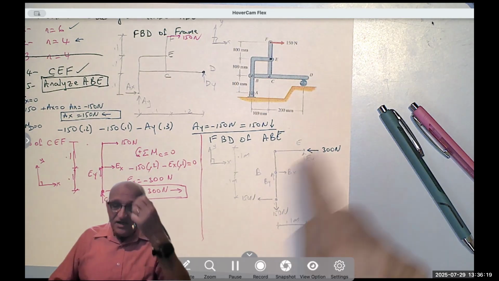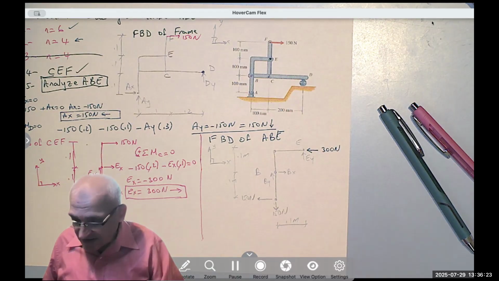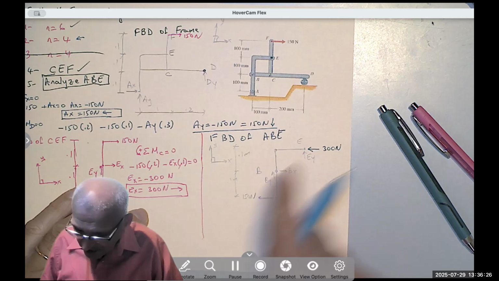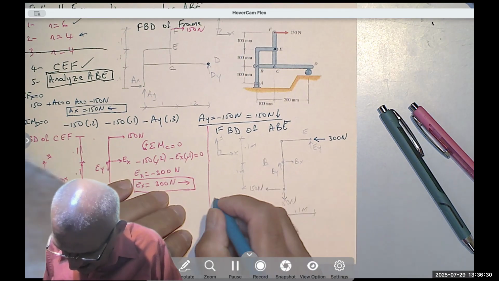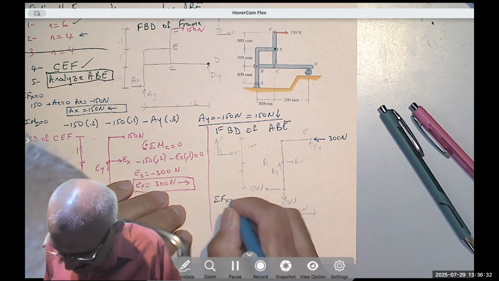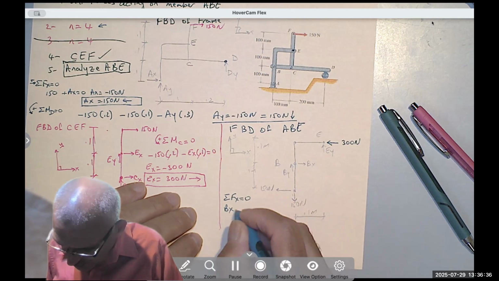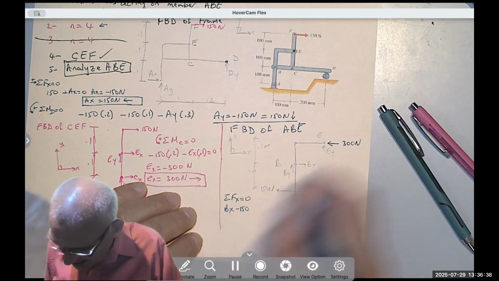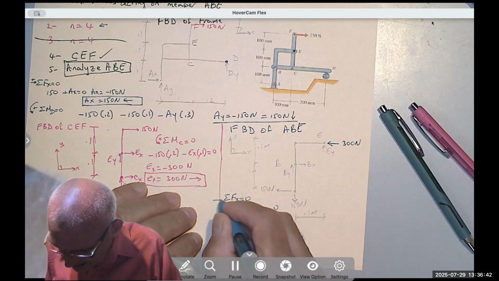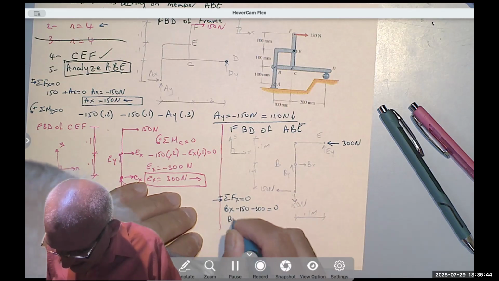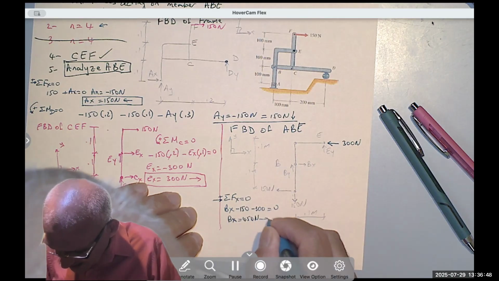And here you have three unknowns. I can start with the summation of the forces in the X because I know the 300, I know the 150, the only unknown is BX. So summation of the forces in the X equals 0. I have BX to the right, minus 150 to the left, minus 300 to the left, equals 0. And this is positive. BX equals 450 Newton to the right.